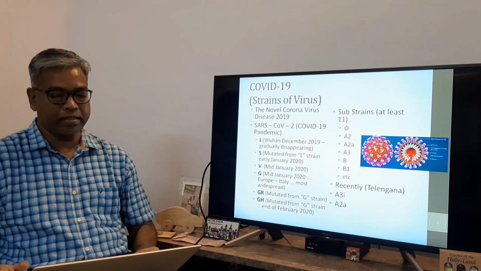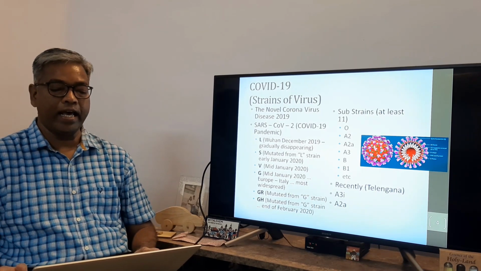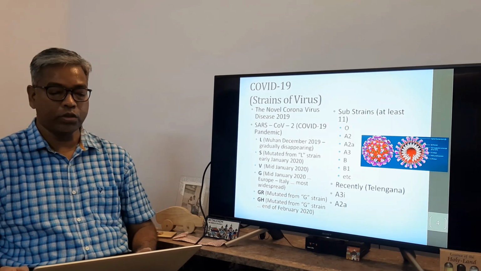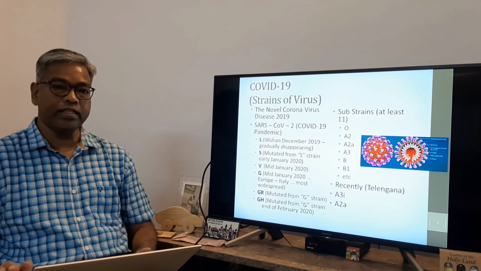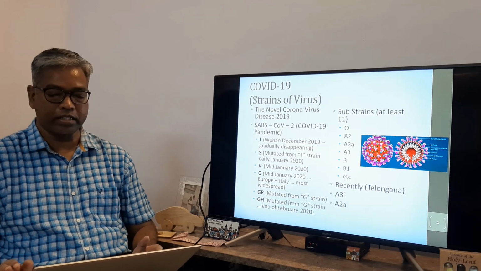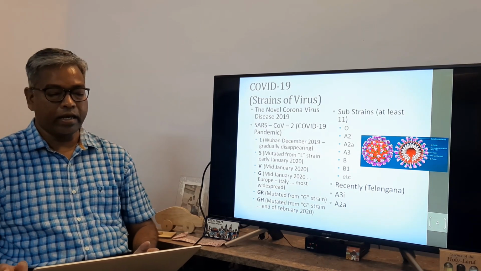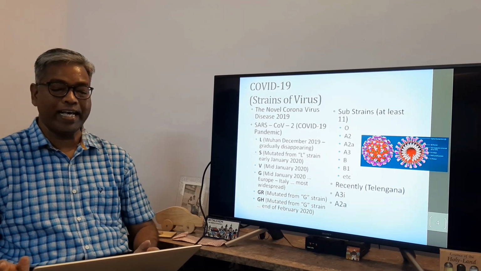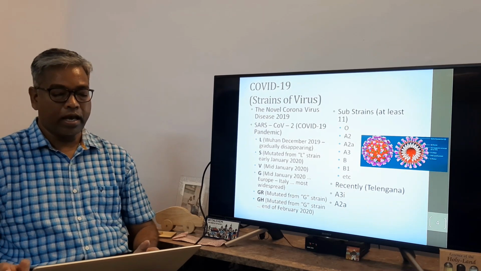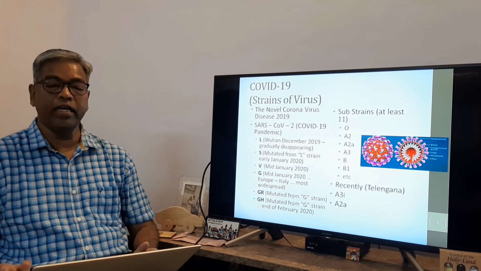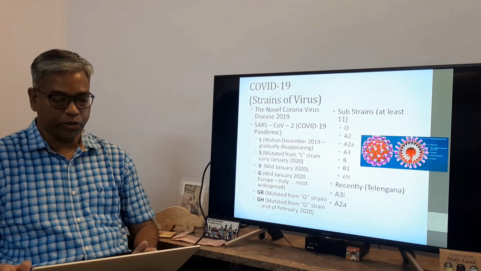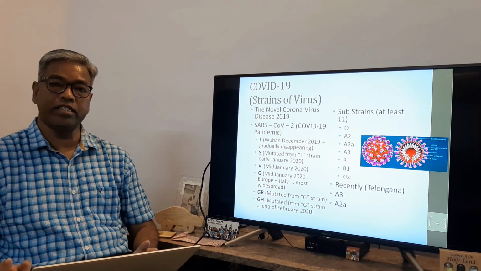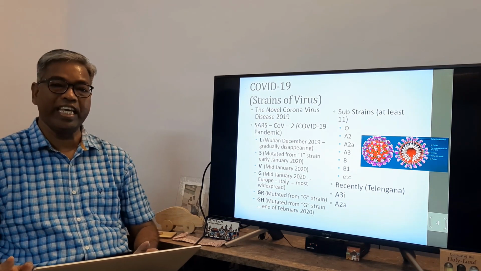We see the L type strain, which was first found in Wuhan in December 2019, and gradually this strain vanished. Then the L substrain gave rise to the S substrain, seen in early January 2020. Then in mid 2020, there was another strain called V.